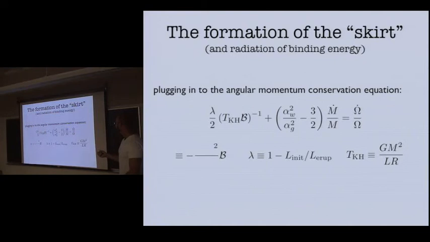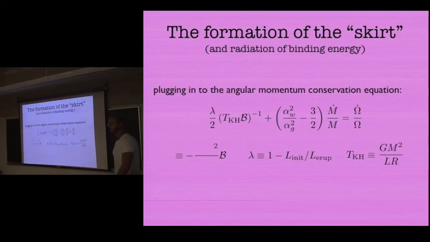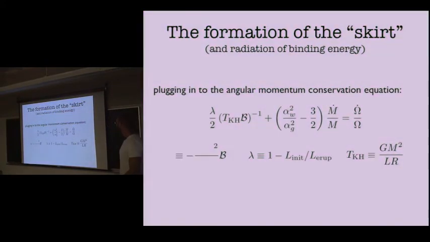Okay, so we parameterize the gravitational binding energy by G times the mass squared over R times a dimensionless constant B, which is usually a constant. Lambda parameterizes just how large the difference of luminosity was, and TKH is the Kelvin-Helmholtz timescale.